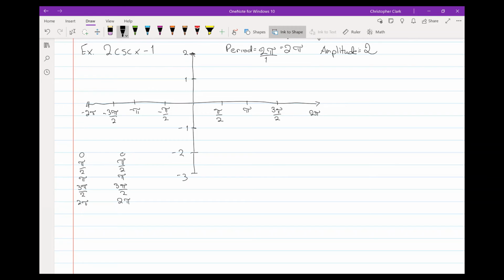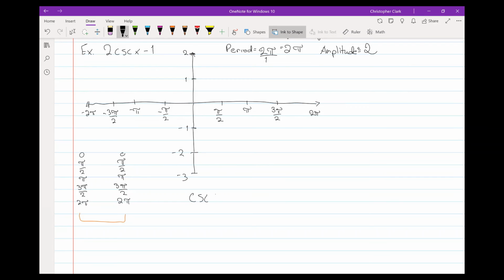So let's go down here to our special points: 0, pi over 2, pi, 3 pi over 2, and 2 pi. Those don't change, right? Because we haven't done anything to the period. And so now we can go ahead and put our asymptotes. So where do our asymptotes normally occur?